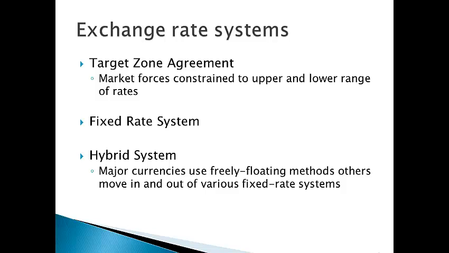So in a target zone agreement, market forces are constrained to an upper and lower range of exchange rates. So this is saying supply and demand will basically set the exchange rates, but we want to keep them within a relatively predictable set of boundaries just to promote more international trade. So this would basically be where countries agree to adopt economic policies that will cause them to maintain exchange rates within a specific range.